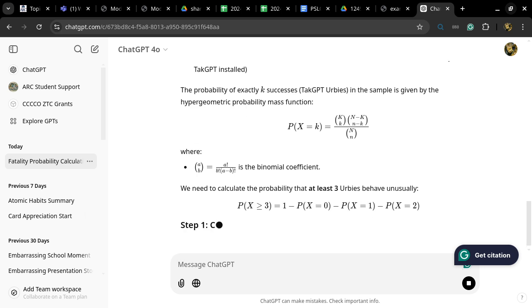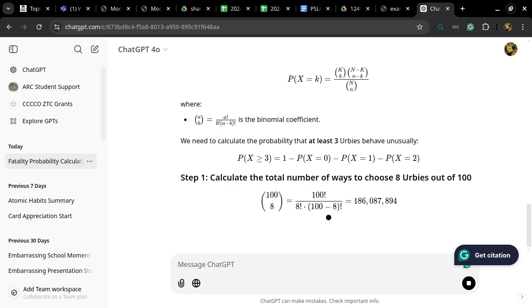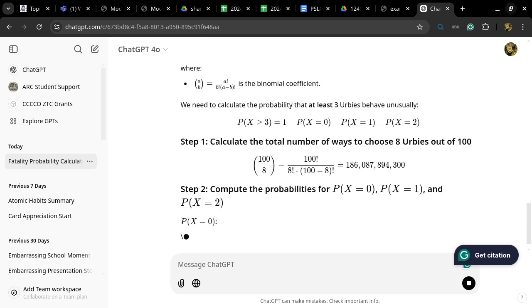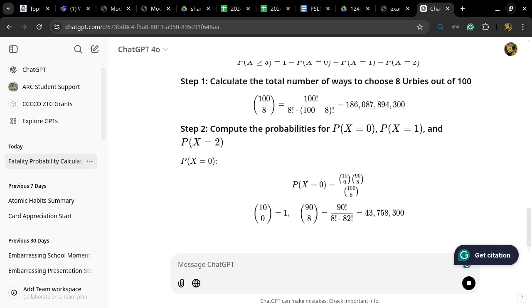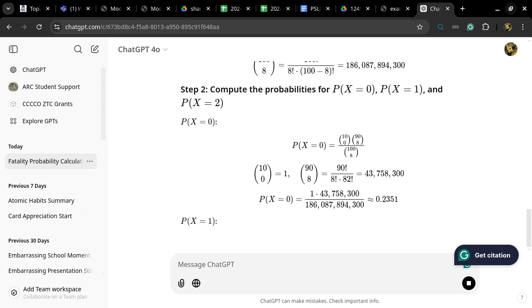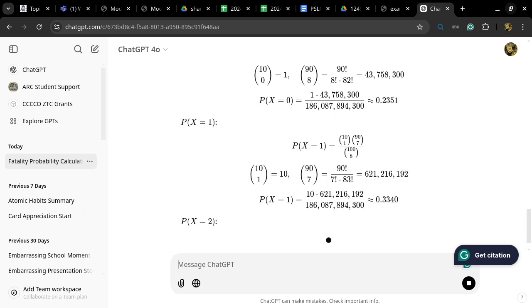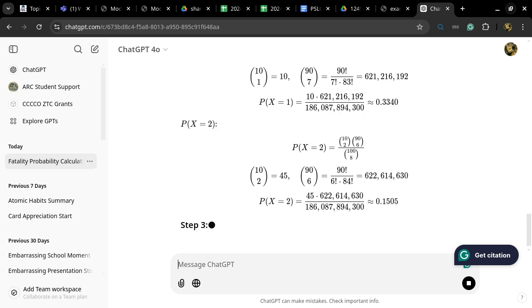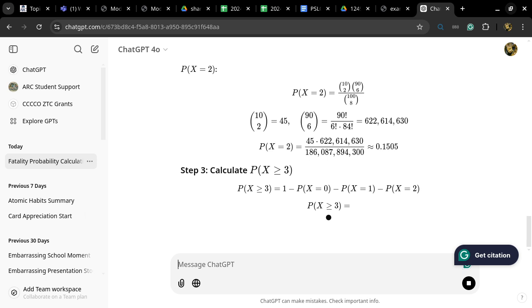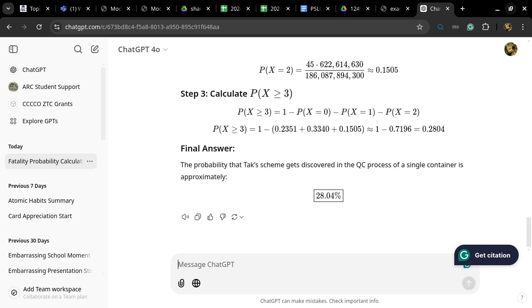Yep, it found the approach. I can see that because of the pattern here. So it's figuring out, having 1 getting caught in the sample, 2 in the sample getting caught, and now it's generalizing to x is greater than or equal to 3.